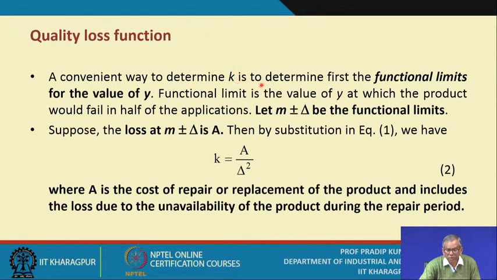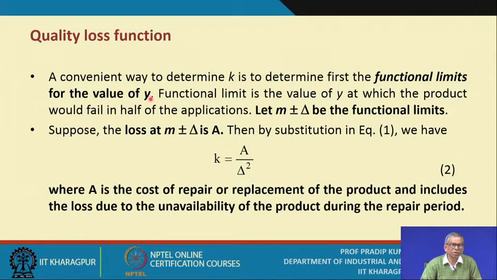To determine k, what do you need to do? First, you need to determine the functional limits for the value of y. That means there will be a range of values of y which is acceptable to you. It's not that any value of y is acceptable. You know its impact, and you say yes, with this range of values you can expect performance from the product or the component.